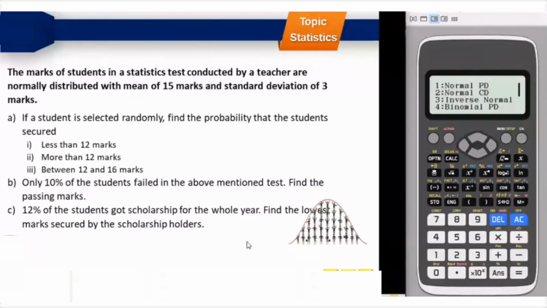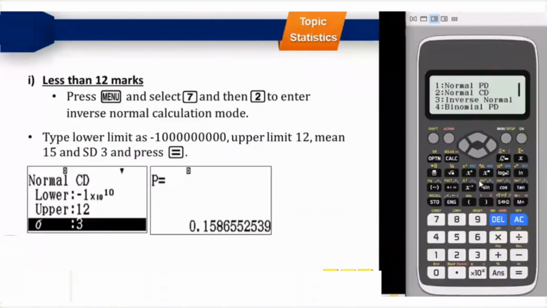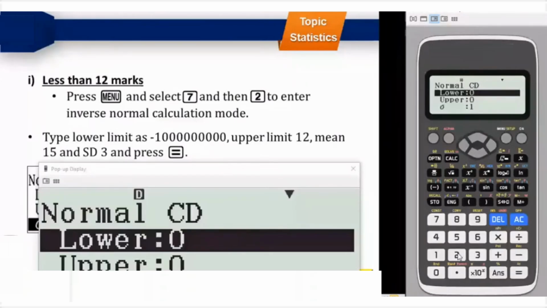So you will press menu, you will press 7, and you will then press 2, normal continuous distribution, and you are told to write down the lower limit. Always remember, since the lower limit is minus infinity, obviously we cannot write minus infinity.